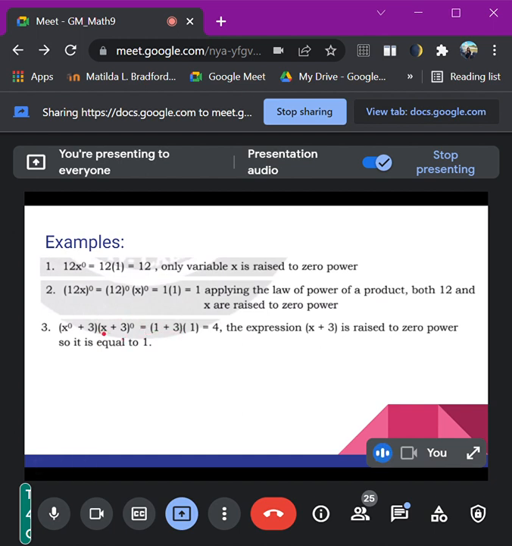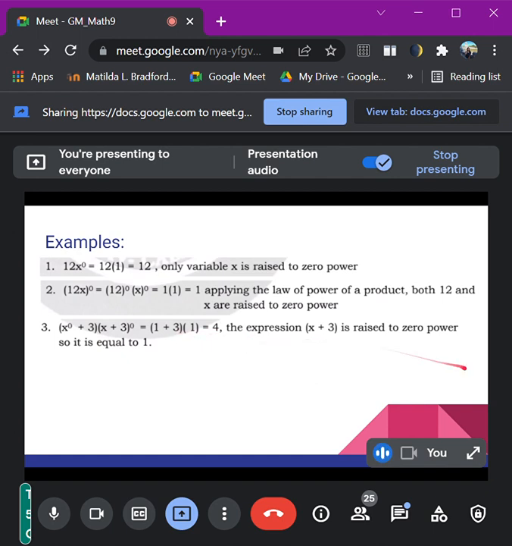And then here, the exponent outside is distributed. So you will have x raised to 0 plus 3 raised to 0. So 1 plus 3, that is 4, and then times 1, that is equal to 4.